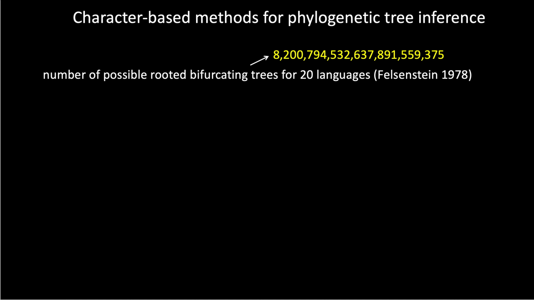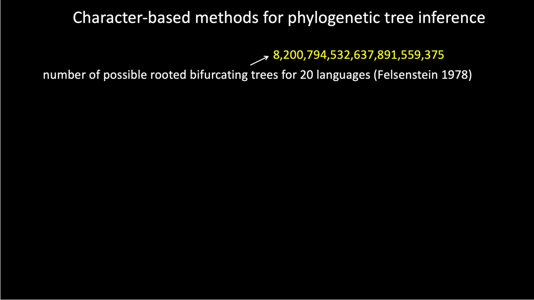We do not actually want to assess all the possible rooted bifurcating trees. We want to get to the trees that have high likelihoods. So we want to get to the trees that have such model parameters that they are most likely to have generated the observed data. And this number is just way too high.